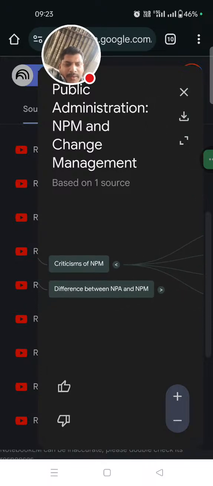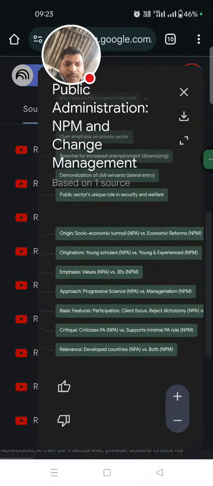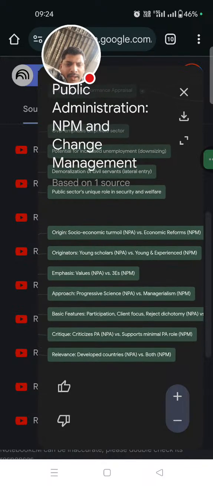So the difference between NPA and NPM. NPA arose from social and economic turmoil, and NPM from economic reform. NPA was originated by young scholars, but NPM by young and experienced people. The emphasis of NPA is value, but NPM's is the three: efficiency, effectiveness, and economy.